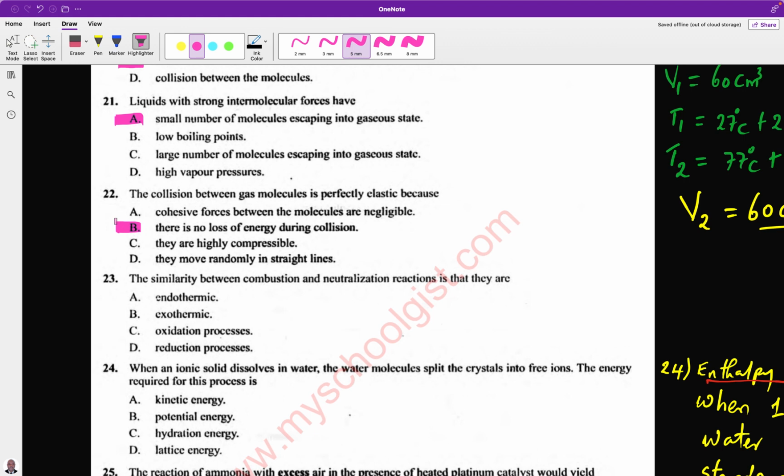In a combustion reaction, when something is burnt in oxygen, heat is released to the environment. That is why you always feel heat where combustion is taking place. So any combustion reaction is exothermic.